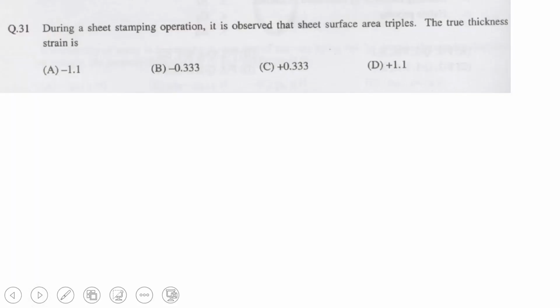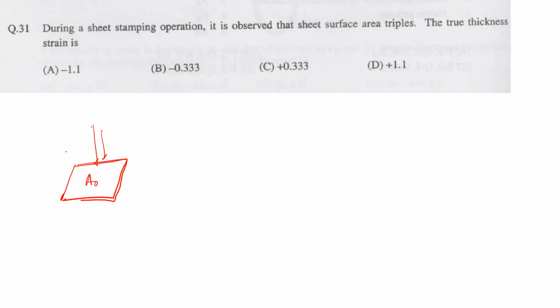Next, during a sheet stamping, so we have a sheet and doing the stamping means putting some pressure, it is observed that the sheet surface area triples, so this is the initial area, that is A0, and this gets tripled to your AF, and that is equal to 3 times A0.